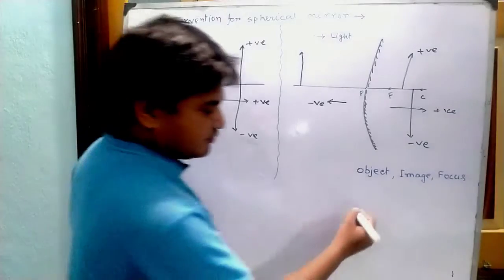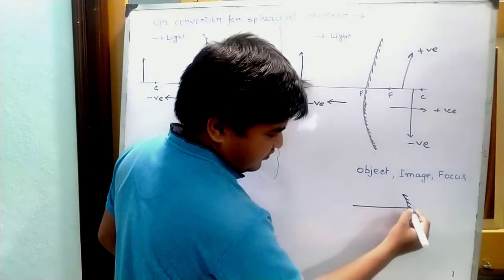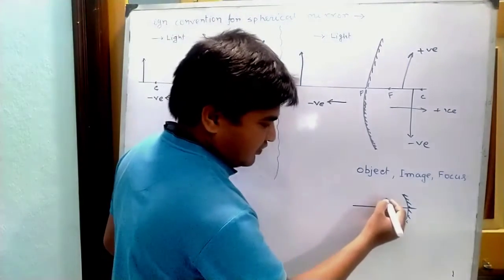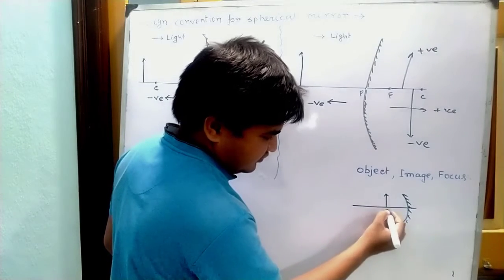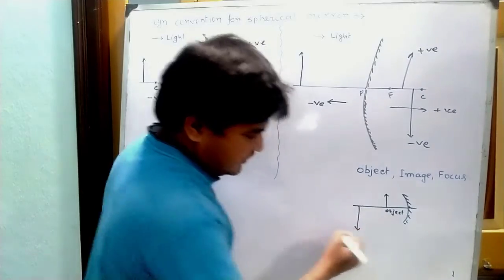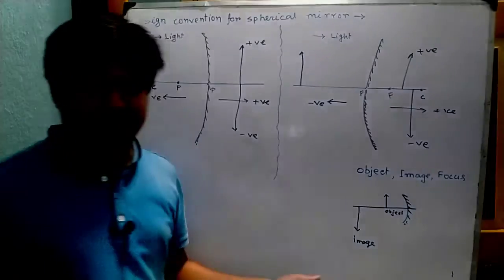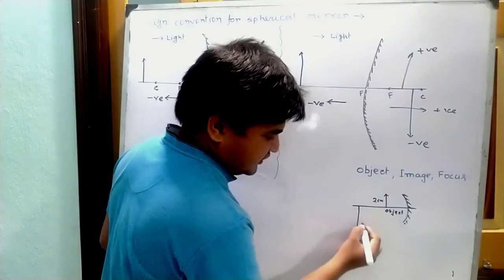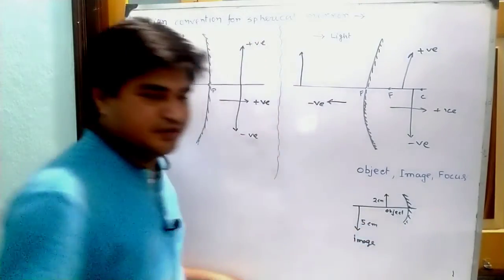Suppose this is a concave mirror, an object is placed at this position and an image is formed in this direction. So object height is considered 2 cm, this is 5 cm.